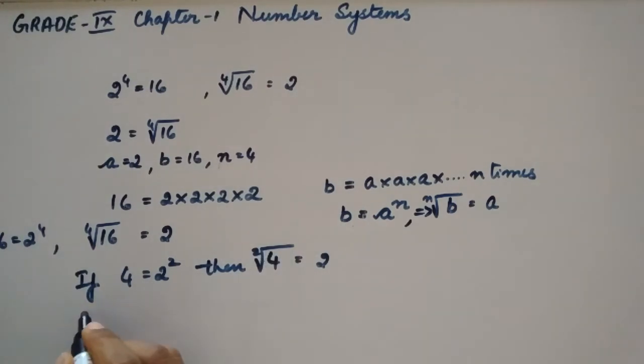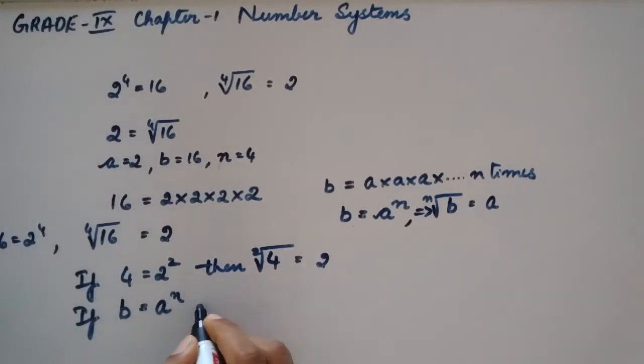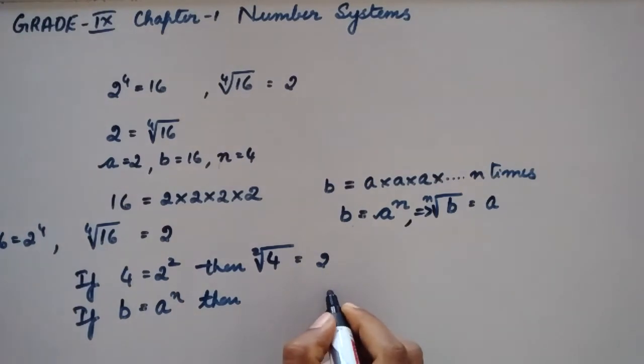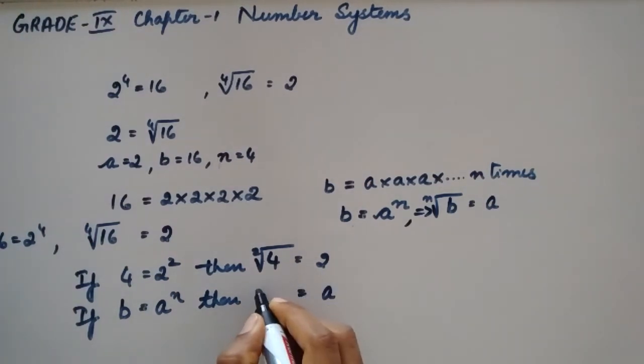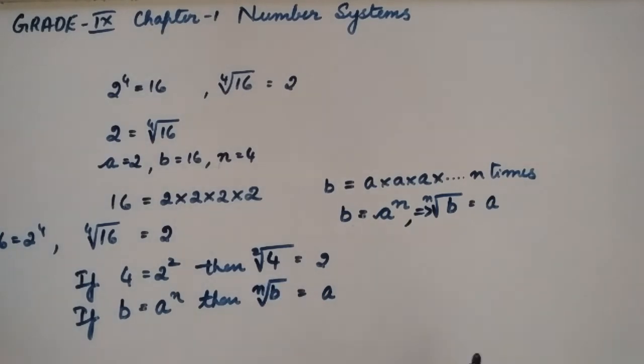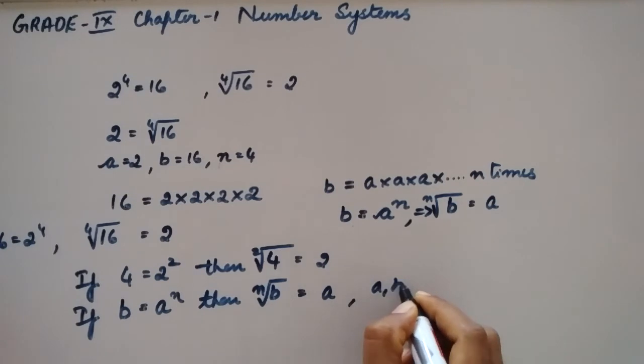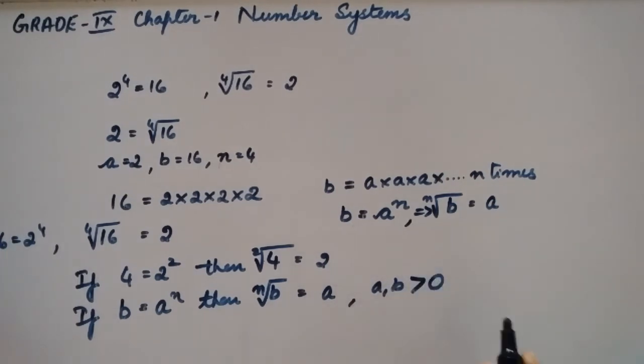Next, in general, if B is equal to A to the power n, then A is equal to the nth root of B, where A and B are greater than 0. Is this clear, students?